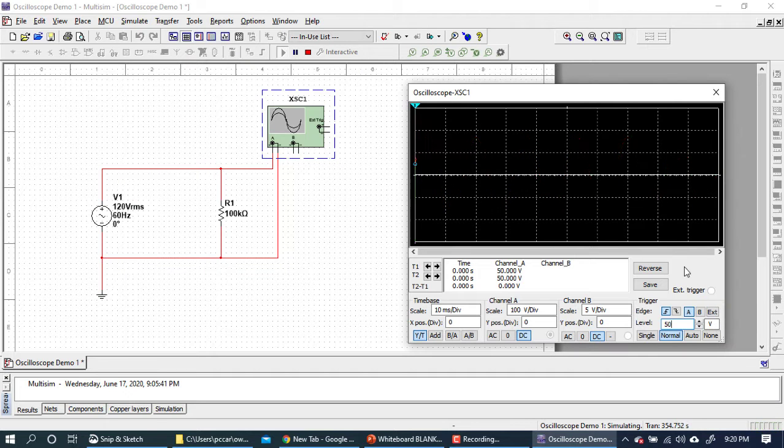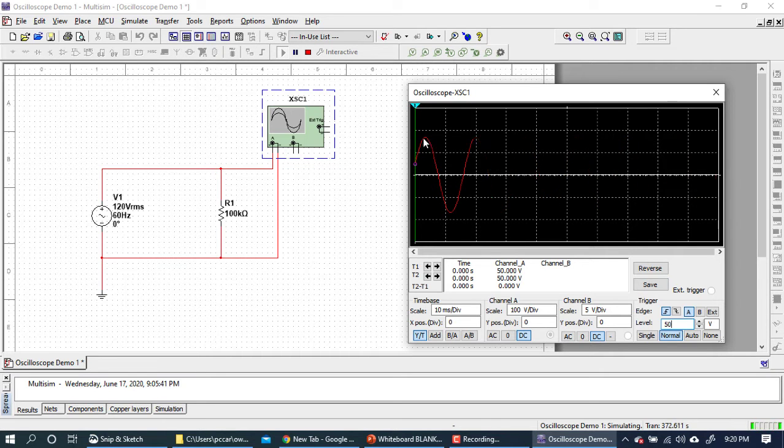There we go. Now, if you'll look, the waveform on the left side of the screen starts at the 50 volt mark on the rising edge. You can see that right there. That's 50 volts on this sine wave.